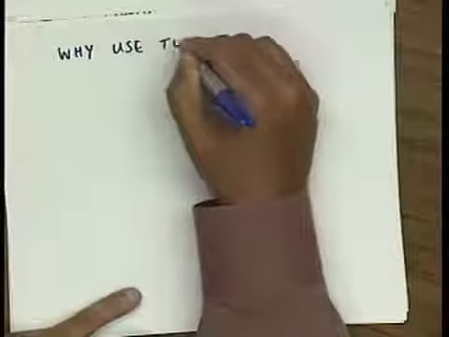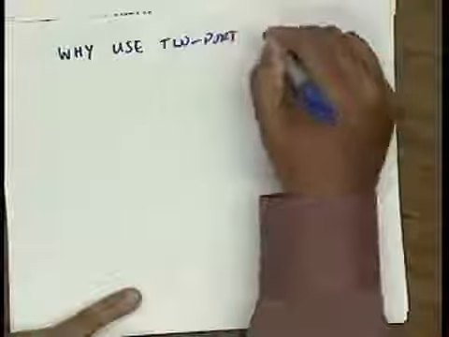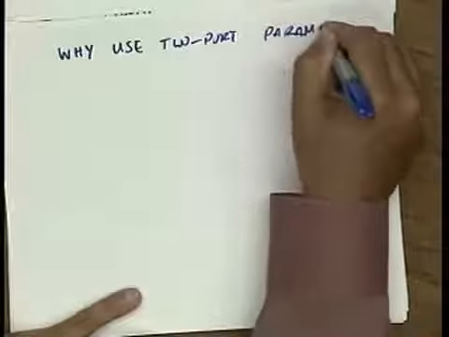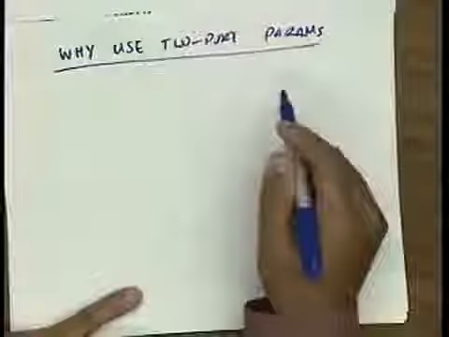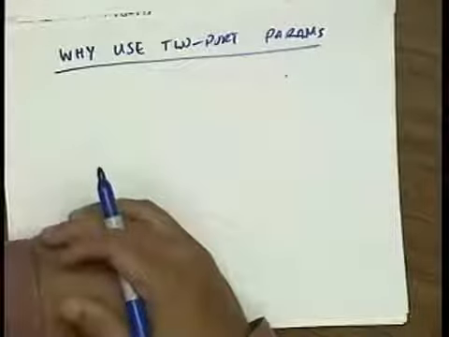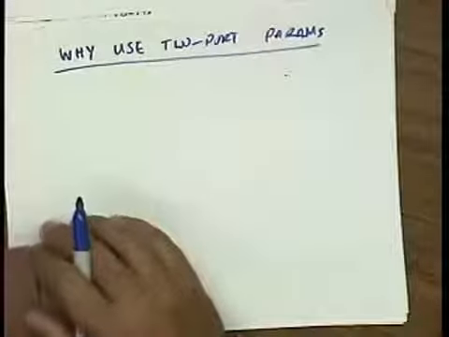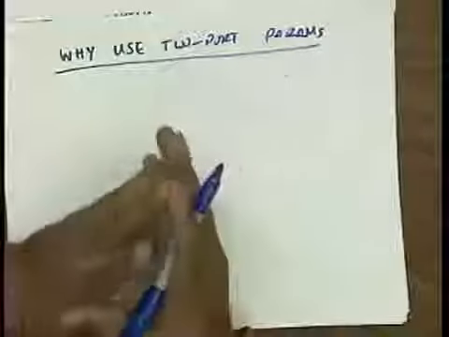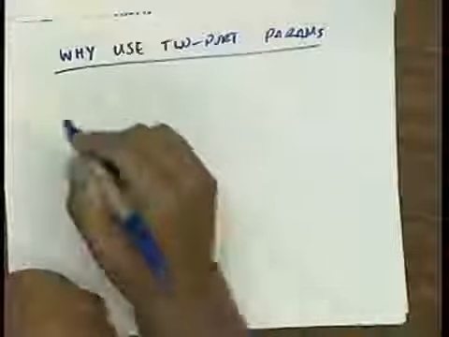All right, so you may ask, why are we using two-port parameters? Why not just do small signal analysis of various amplifiers and be happy? Why are we looking at a transistor or an amplifier as a black box? What kinds of advantages do we get?